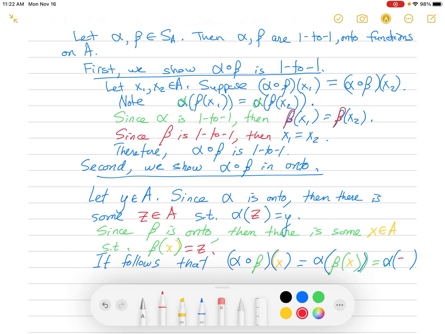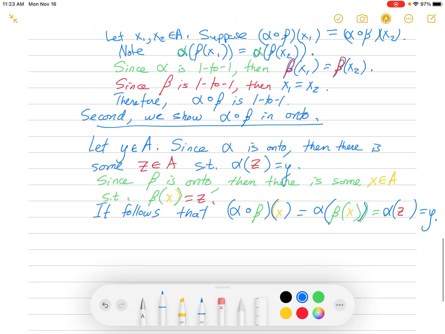What's beta of x? Beta of x was z. But what's alpha of z? That's y. What I've been able to do is demonstrate that I can plug in x into alpha composed with beta and get y. So for every y in A, there's an x back in A such that alpha composed with beta of x gives me y. So therefore, hence, alpha composed with beta is onto.